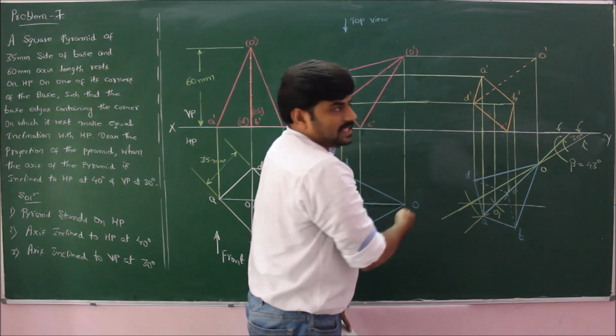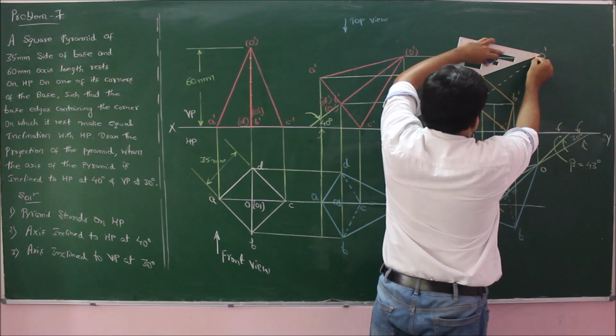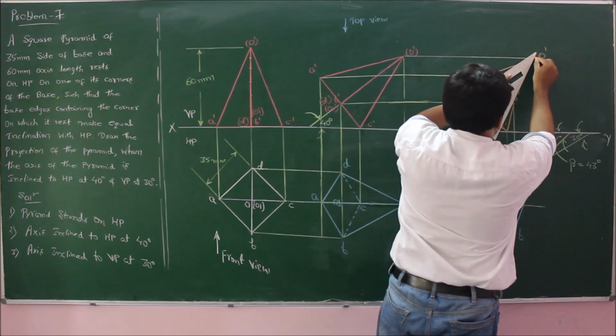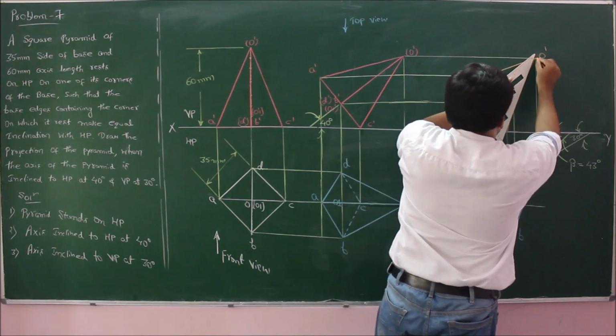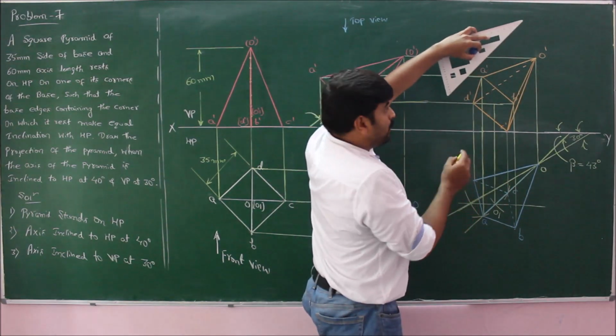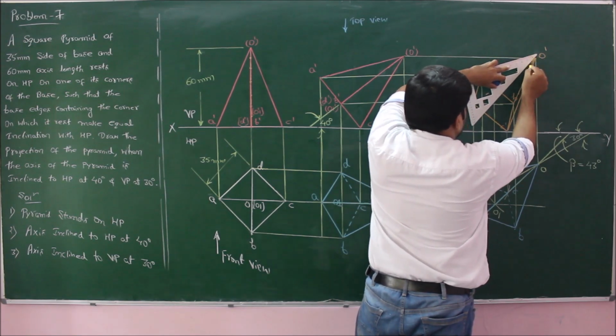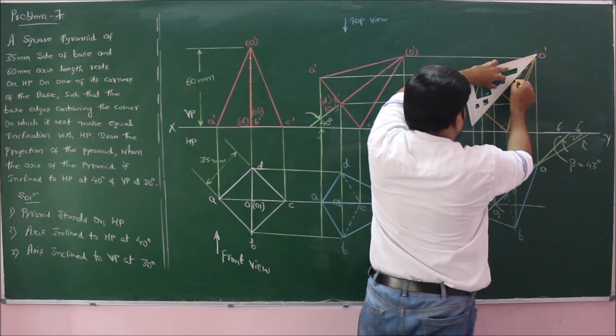Now join the slant edges. I'll get A to O, B to O and C to O. Finally mark the axis O prime to O1 prime.